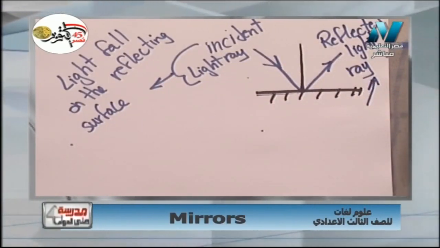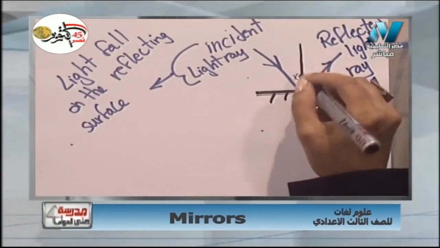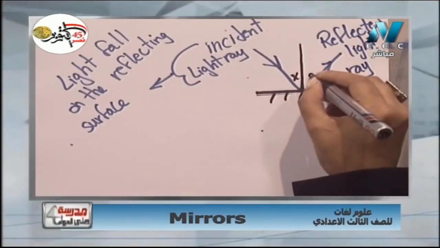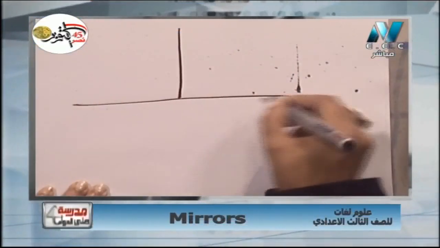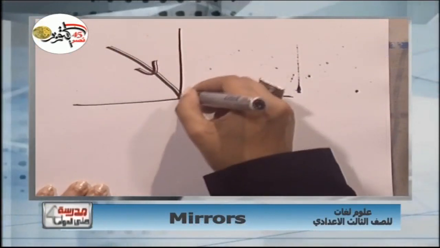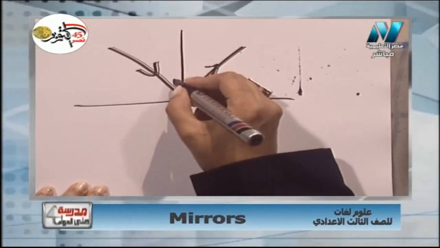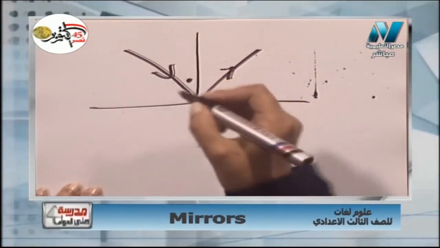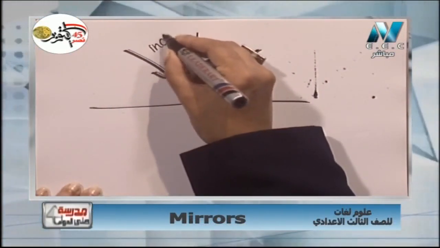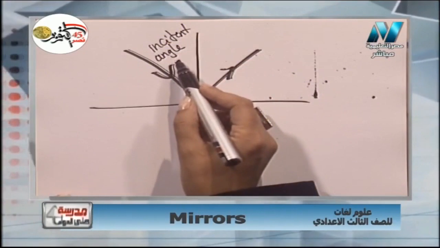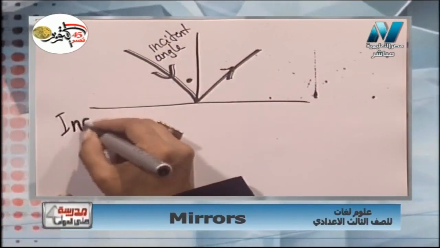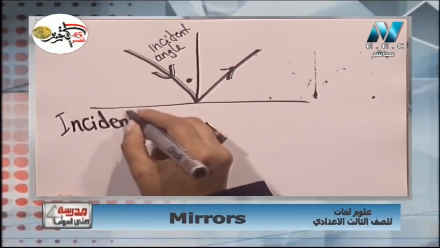We have two angles, this angle and this angle. So what's meant by incident angle? We are going to define it together. Incident angle.